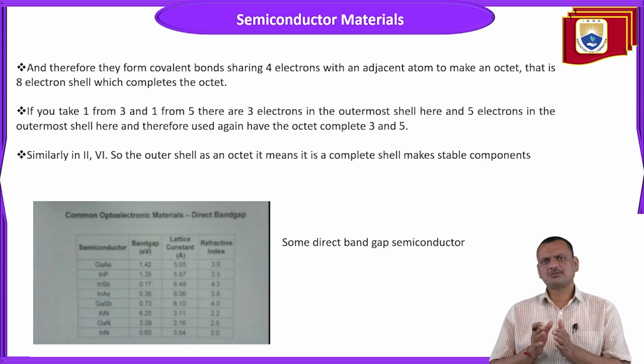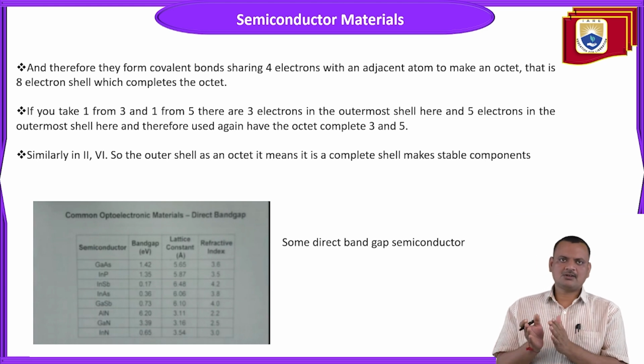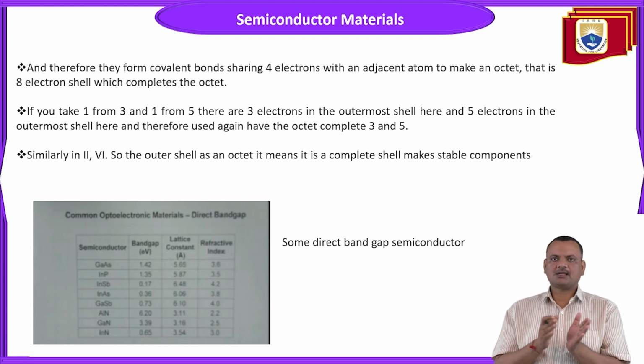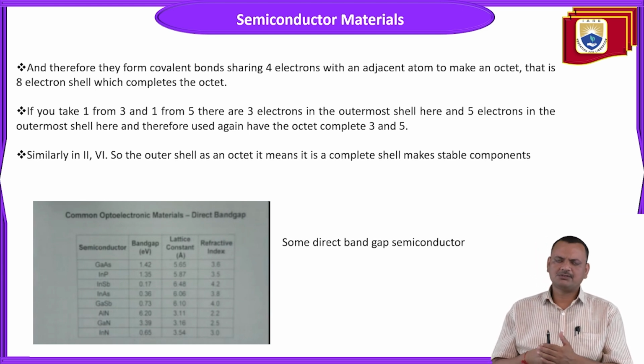So why am I showing this? These compound semiconductors, while mixing some third and fifth or second and sixth group elements, will show band gap values that lie in the semiconductor regime.